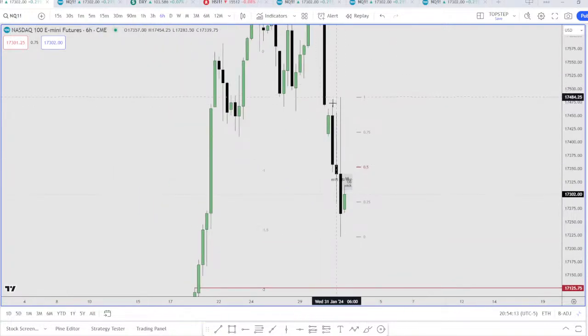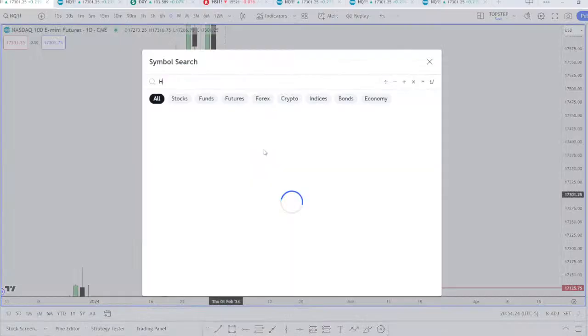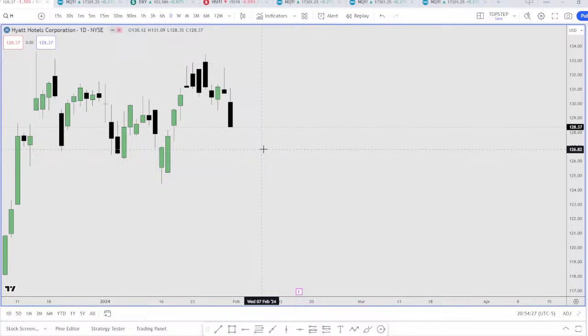Then maybe I will look for that volume imbalance right here on the daily. Okay, we have a volume imbalance.